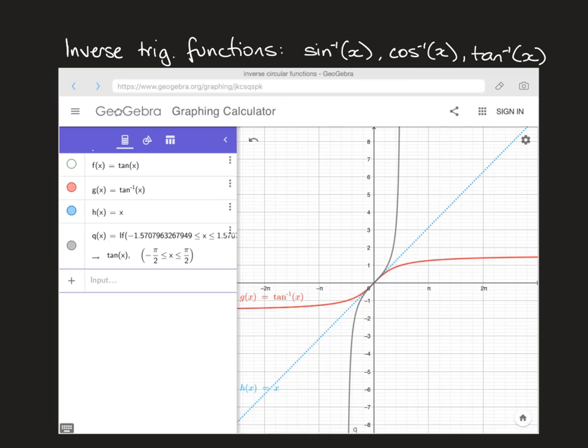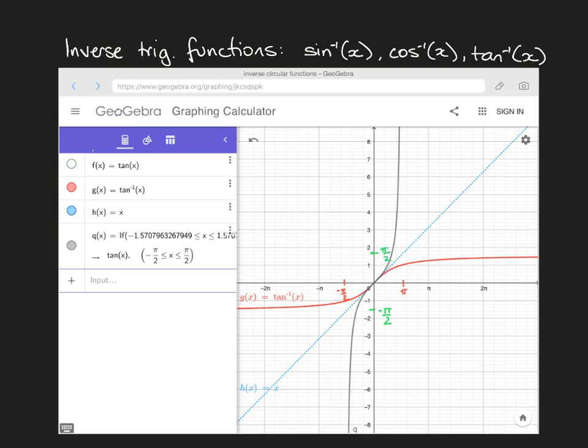For our original restricted tan function, our domain was from negative pi on 2 to pi on 2. And so for our inverse tan function, the values it can have are from negative pi on 2 to pi on 2.